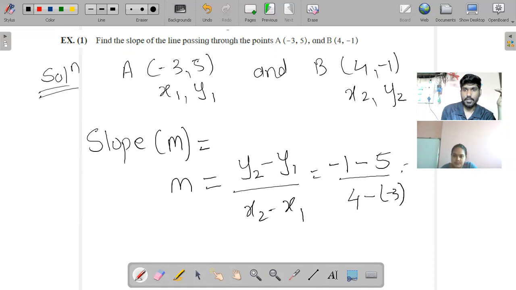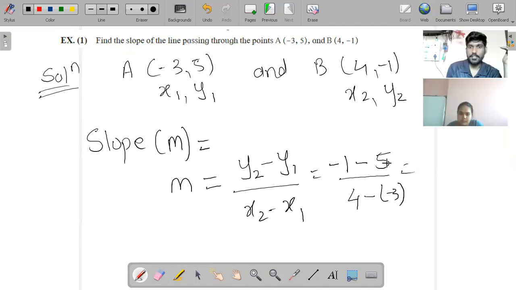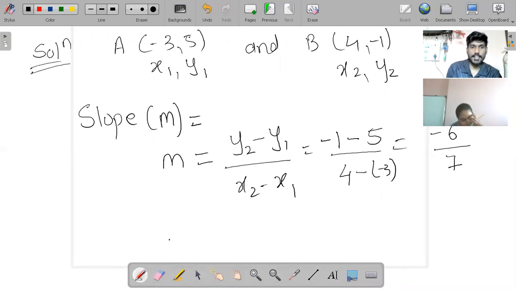So minus 1 minus 5 gives minus 6, upon 4 minus of minus 3, which is 7. So the slope of this line is minus 6 upon 7.